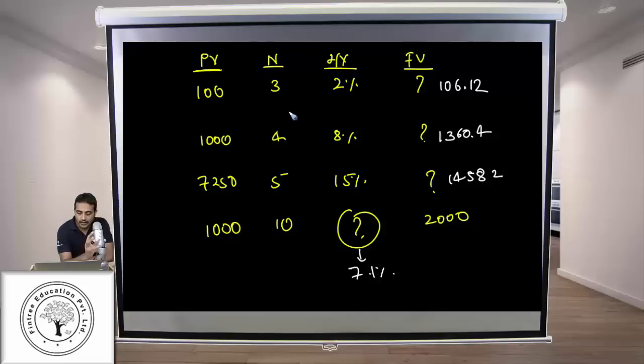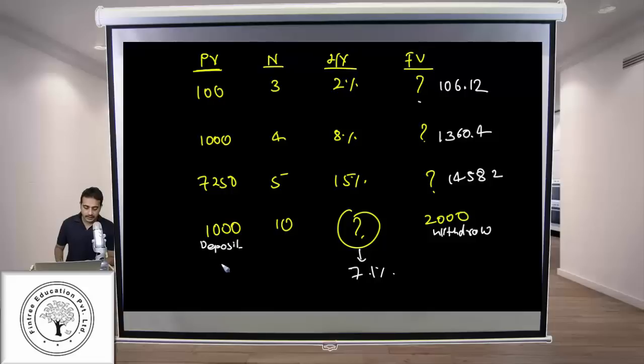Now the last one is a little tricky, so try to understand this carefully. The idea is, if you make a deposit in a bank today, then after 10 years you would withdraw 2000.